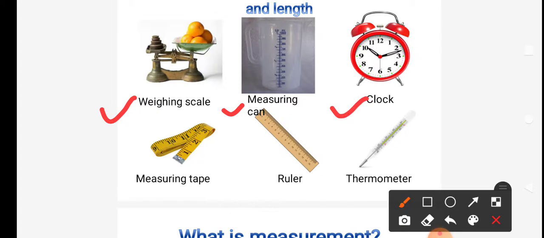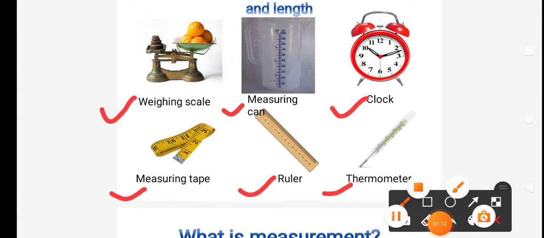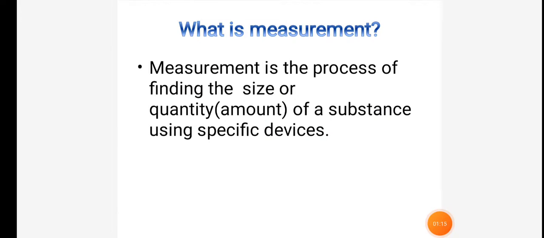Clock we use to measure time, and measuring tape and rulers are used to measure length of any object. Thermometer we are using to measure temperature. Then what is measurement? Measurement is the process of finding the size or quantity of a substance using specific devices.